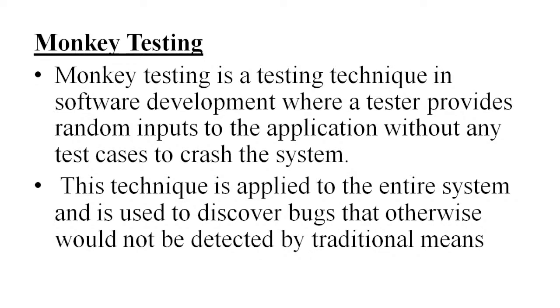This comes under the category of monkey testing, which may try to crash the system. So monkey testing means that without using the test data given by the company, we just give some random inputs to test the application.